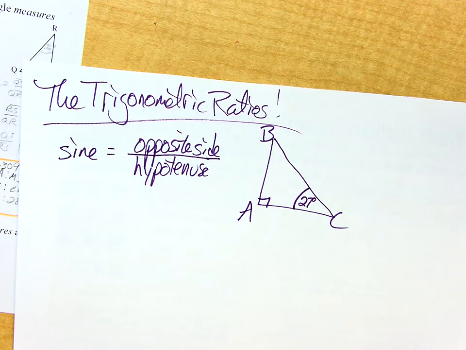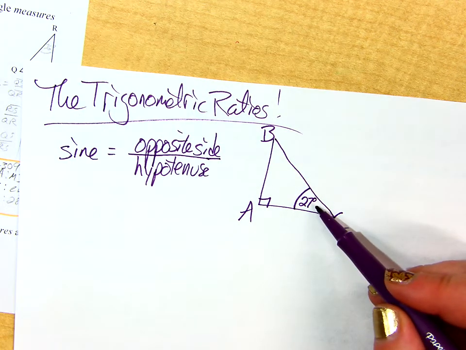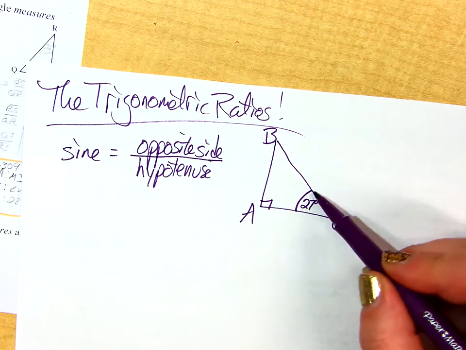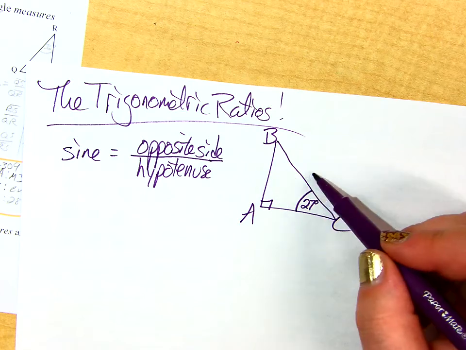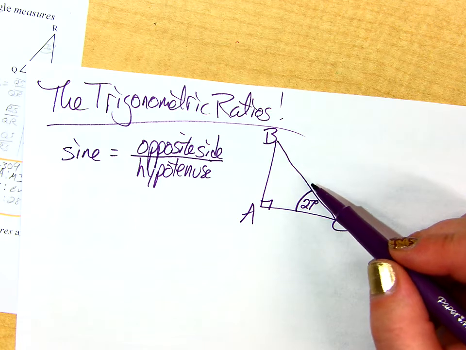Every single right triangle that has an angle of 27, if I take its opposite side, wouldn't that be side BA, and I divide it by the hypotenuse, it's going to come out to be the same exact decimal every time.